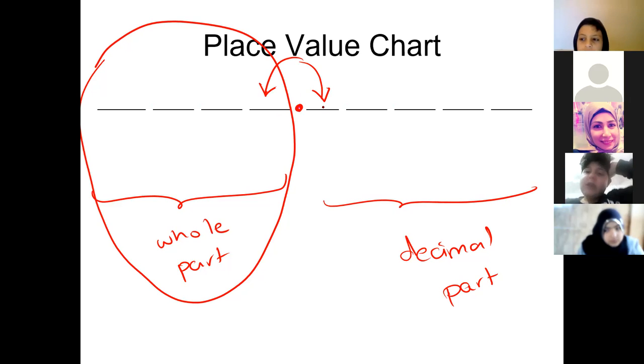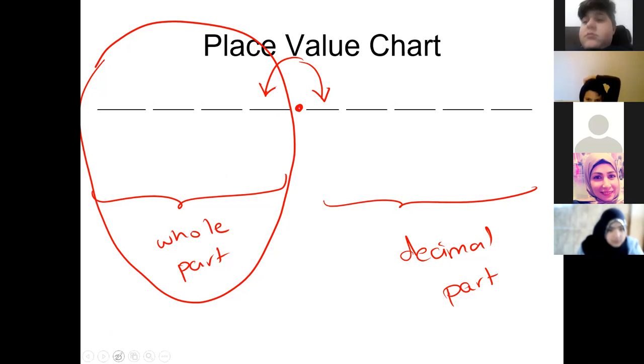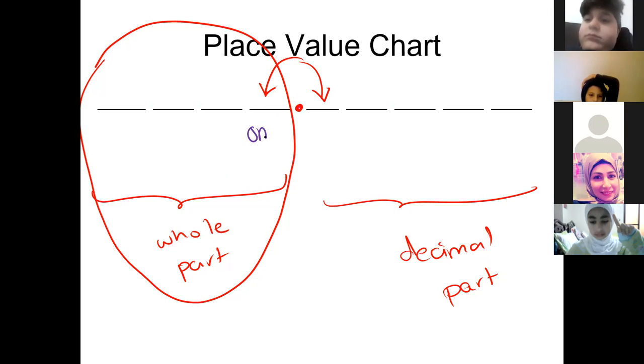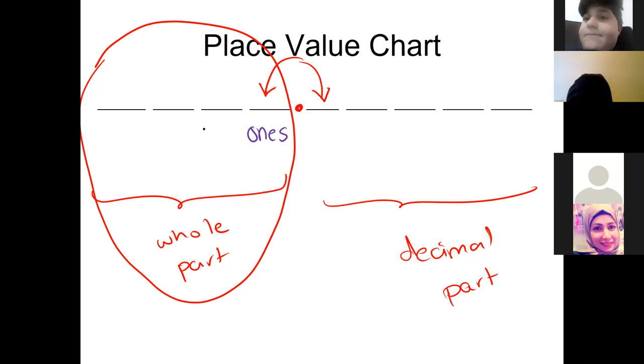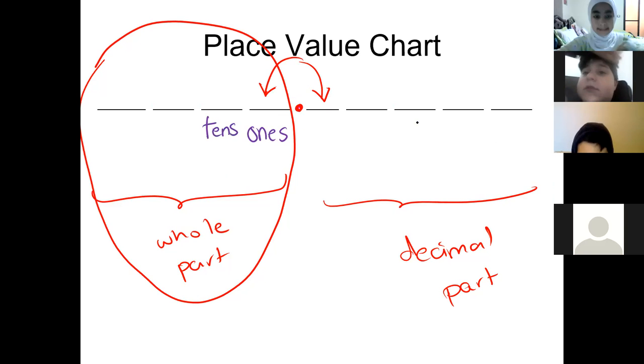What is the place value of the first digit in the whole part? Ones. Excellent. What is the place value of the second digit in the whole part? Tens. Bravo. The place value of the third digit? 100.